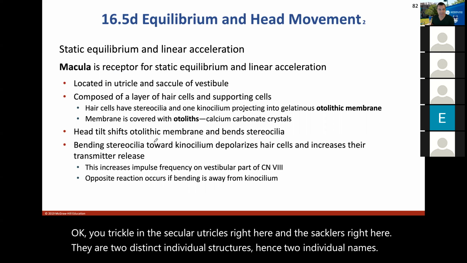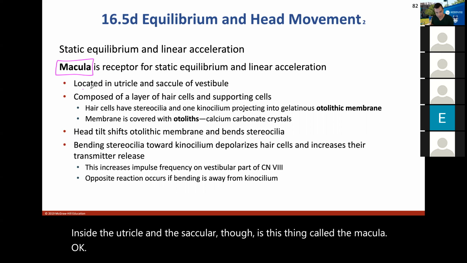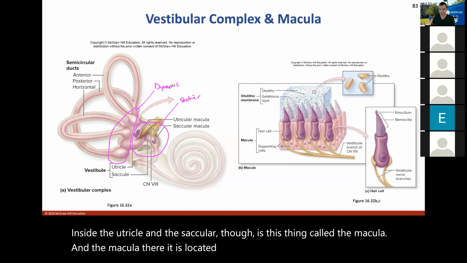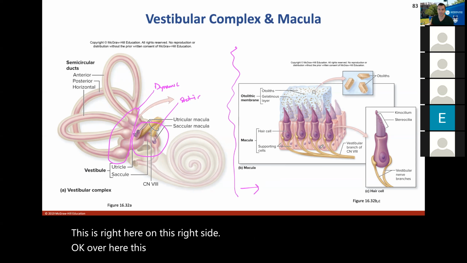Inside the utricle and the sacula, though, is this thing called the maculae. Okay. And the maculae, there it is, located in, okay. This is right here on this right side, okay, over here. This is the maculae, okay? We have hair cells. Oh my God, just like the cochlea did.